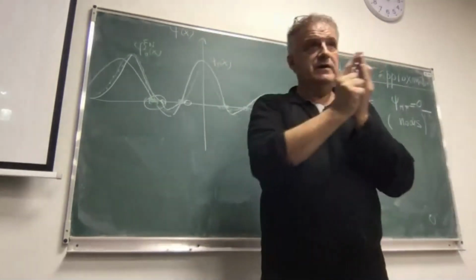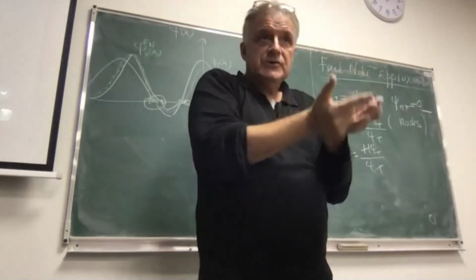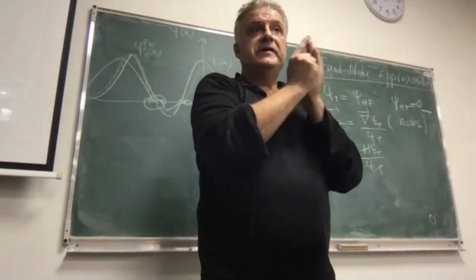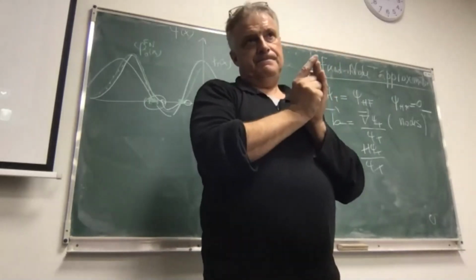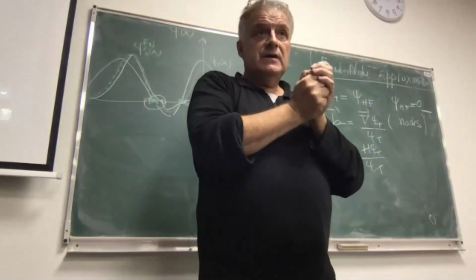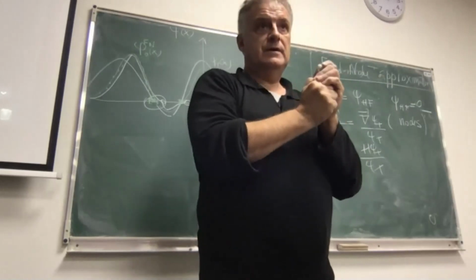The drift diverges at the zero. So because of the drift, you're right, nodes are an infinite repulsive barrier. So this is because of the drift, the nodes are imposed. Okay?